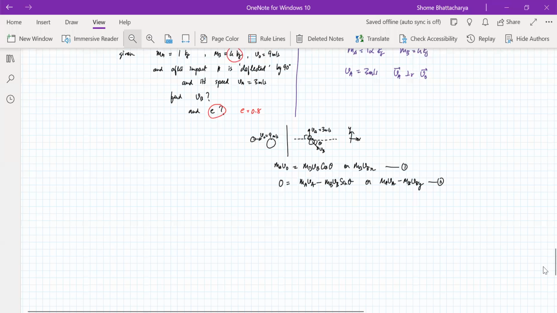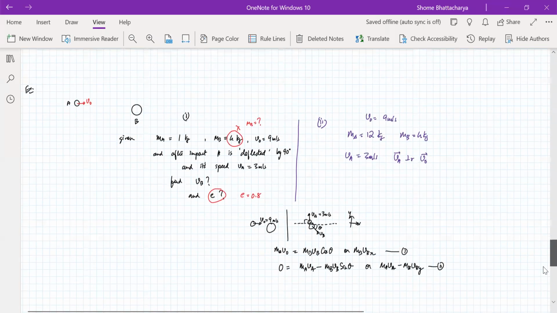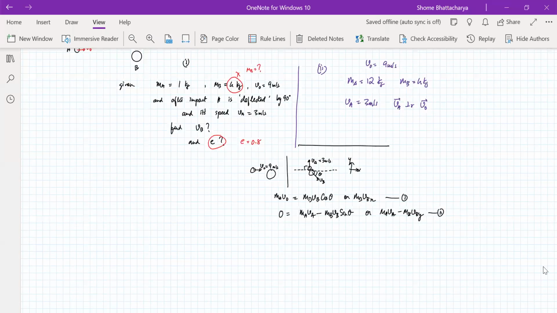But anyway, let's solve the first part, where now what I'm doing is taking MB unknown. So I have VBX as V0 upon MB, so it is 9 by MB, because I've taken MA as 1 kg. And I have B's Y component in the downward direction, of course, as MA VA divided by MB, so that is 3 by MB.